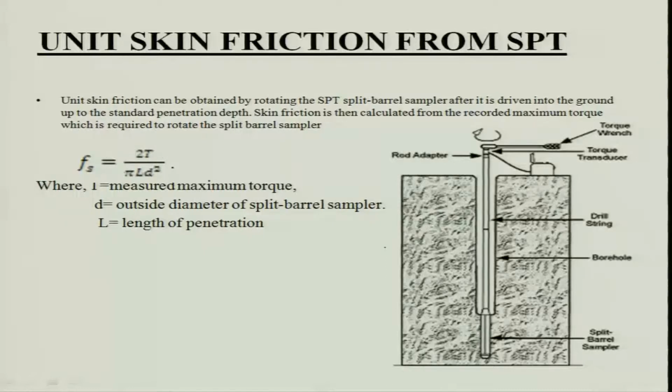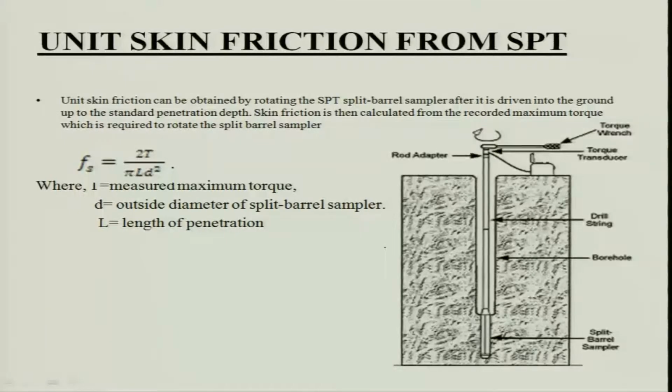Now, another advantage of this SPT, another new thing that has come into the picture, is your unit skin friction from SPT. Unit skin friction can be obtained by rotating the SPT split barrel sampler after it is driven into the ground up to the standard penetration test.